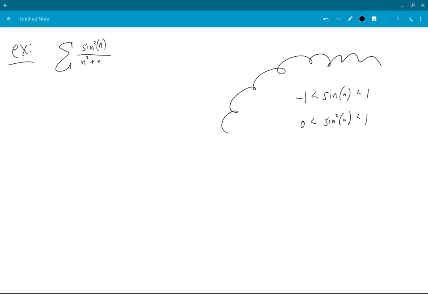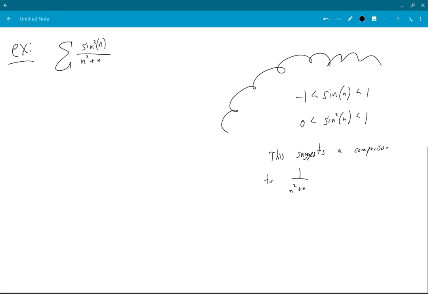Okay, so I'm thinking, so this suggests a comparison to 1 over n squared plus n, which is going to be very similar to just 1 over n squared when n is large.